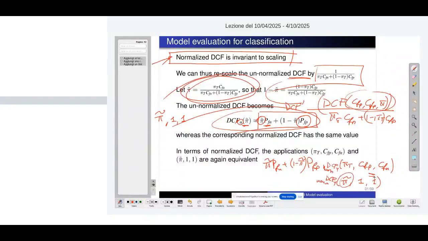The normalized DCF for these two applications will be exactly the same, as long as this pi tilde is defined in this way. Which means that if we measure everything in terms of normalized DCF, these two applications are equivalent.